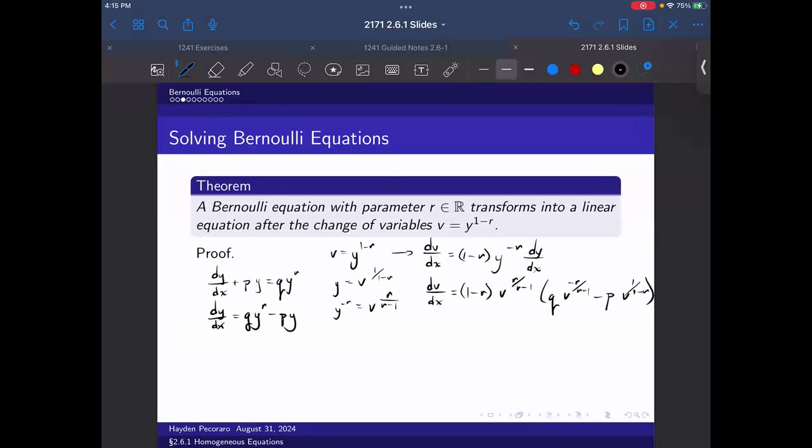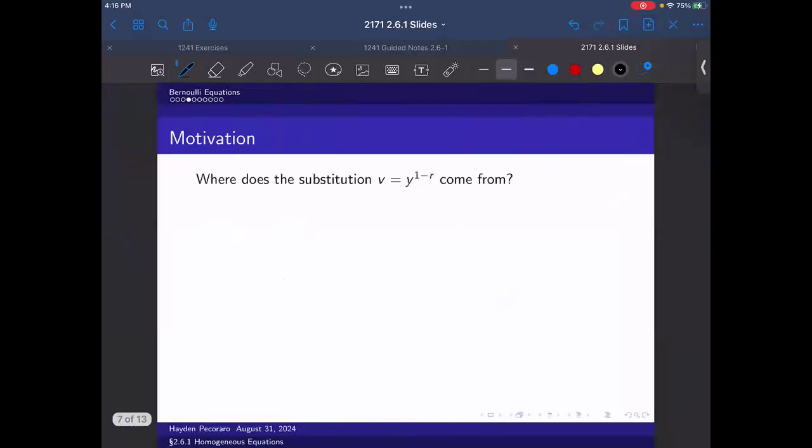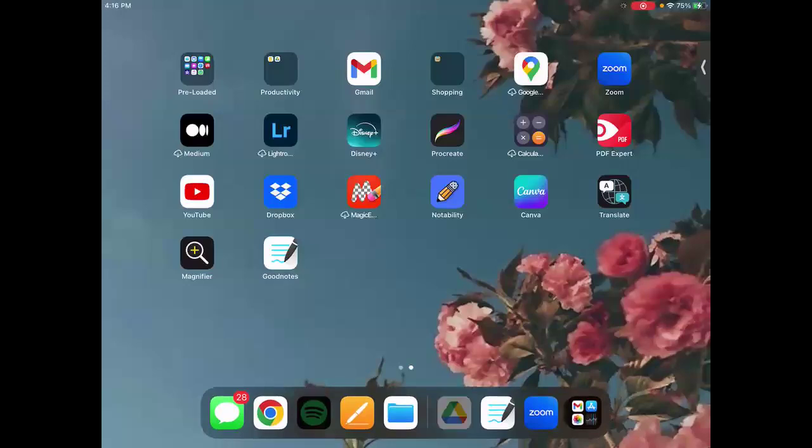Okay, so that looks kind of ugly, except if we multiply everything out here, we should get something a little bit easier. I'm doing something wrong. I'm not remembering how to do this, so we'll come back to that at the end of class if I can remember. I can at least tell you where the substitution comes from, and that will be easier.